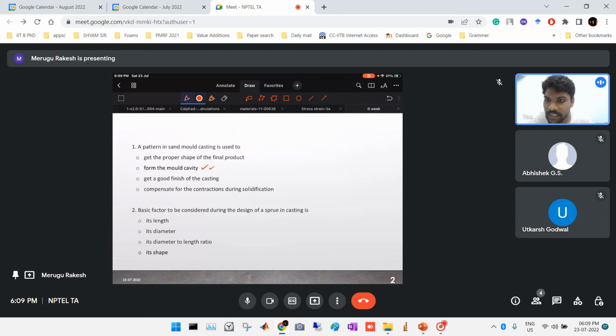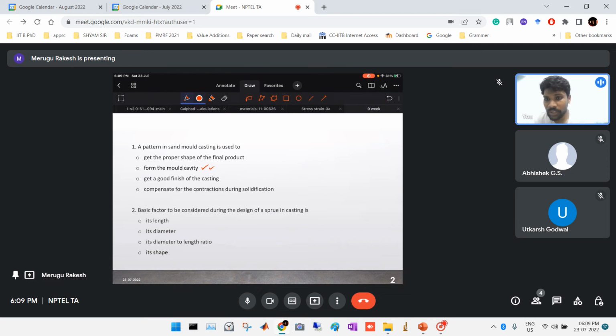So that being said, the second question is: the basic factor to be considered during the design of sprue in casting is. You might remember the sprue, to which the pouring basin will be attached, in which the ladle will pour the molten metal. This sprue will distribute from the gates to the mold cavities.